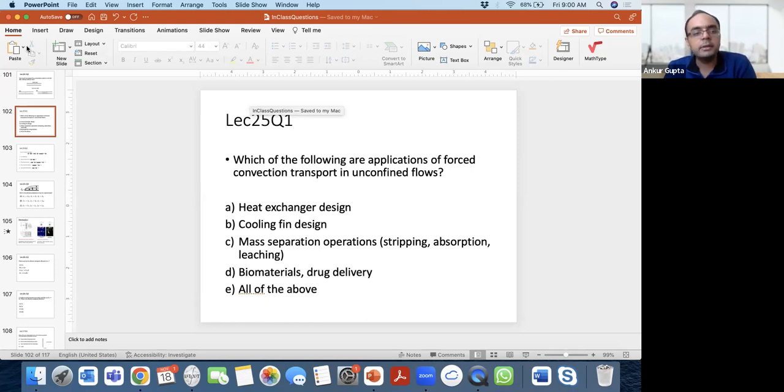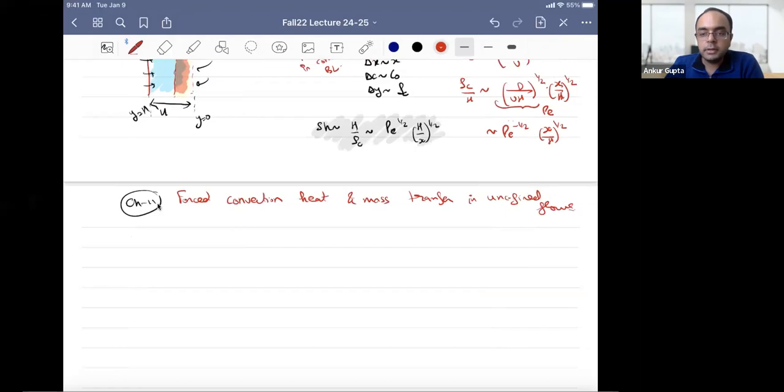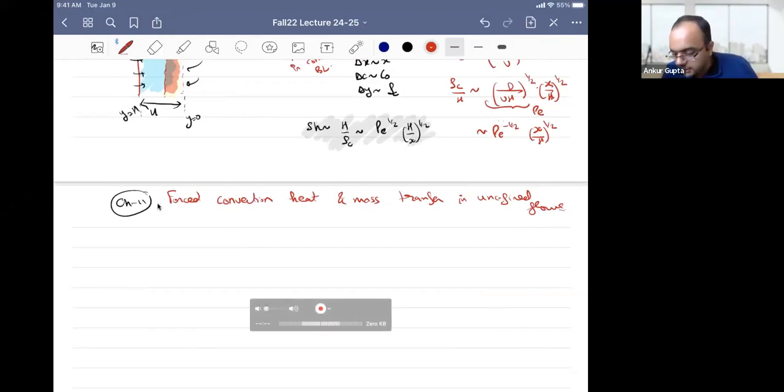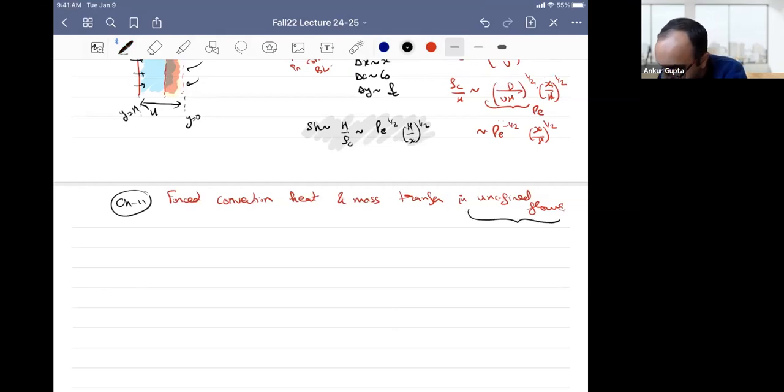All right, perfect. So let's carry on. What we will do now is start to think of flow around a sphere. So unconfined flow, flow around a sphere, will be our model problem. This is a toy problem that will give us insights into what goes on.